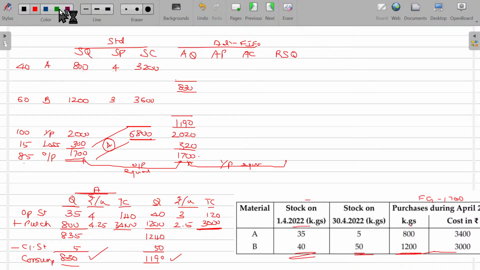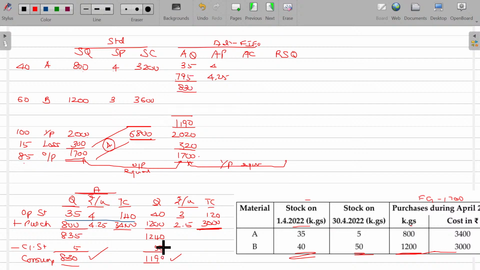First 35 units will be considered at this rate. Out of 830, first 35 units are considered at this rate. 35 units at rupees 4. Balance will be the latest price, 4.25. How many units are from the newly purchased item? 795.